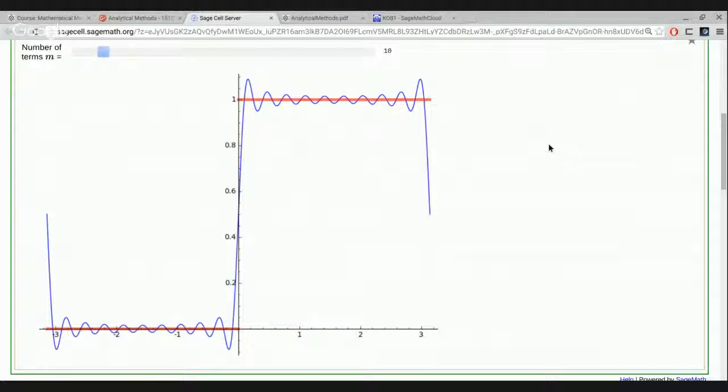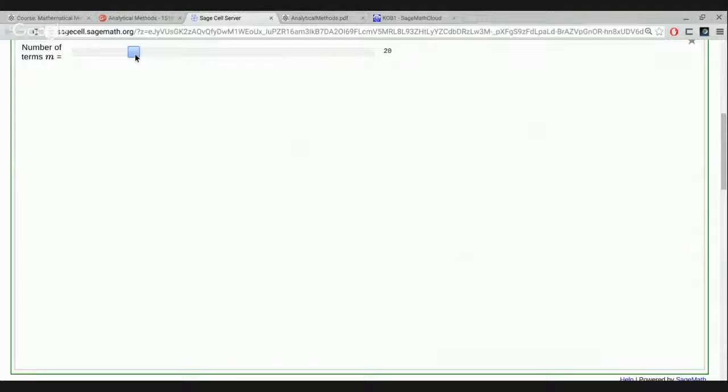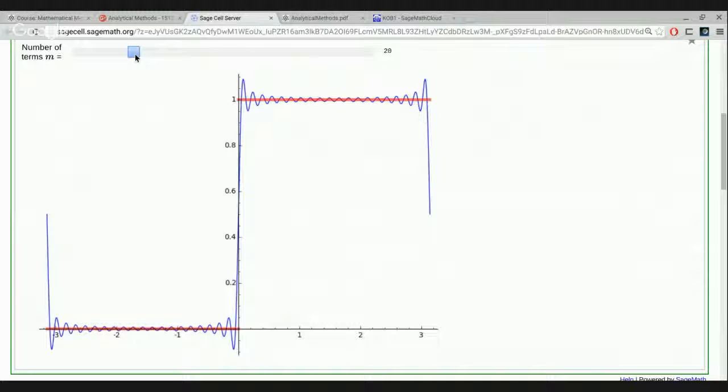And then the blue oscillating curve is the partial Fourier series sum for this function, which includes the first 10 terms. You can see it's doing a pretty good job of agreeing with the function. And when we up the number of terms, it's getting closer and closer to the original function. However, you can see that it's doing so at different rates at different points in the domain.